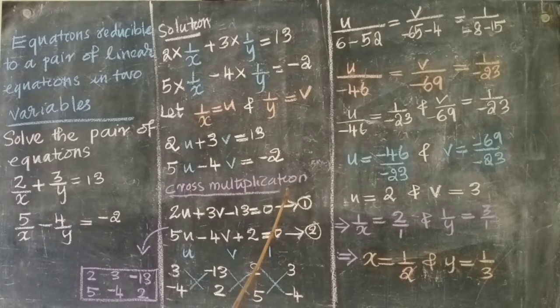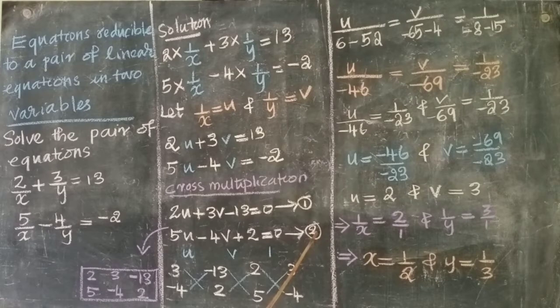For applying the cross multiplication method, first we need to keep the c1 and c2 on the left side. So the equation changes to 2u plus 3v minus 13 equal to 0, equation number 1. 5u minus 4v plus 2 equal to 0, equation number 2.